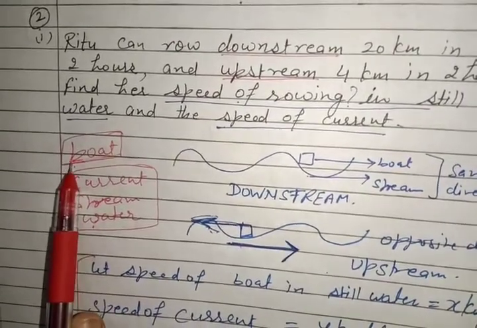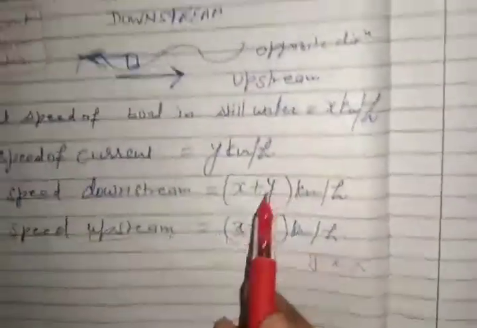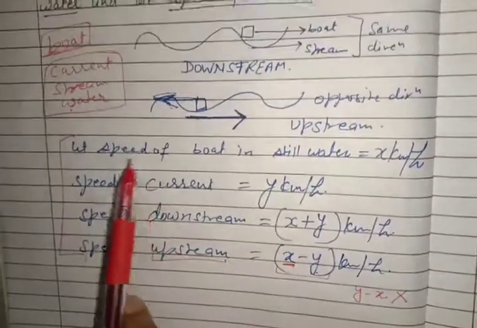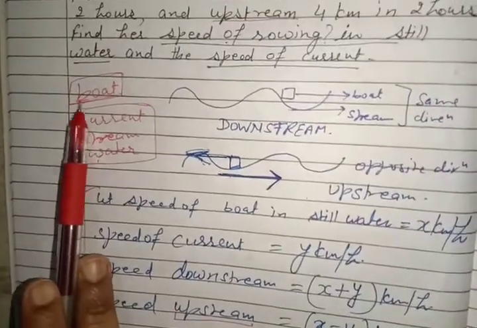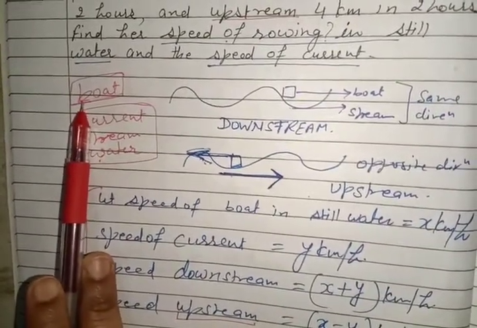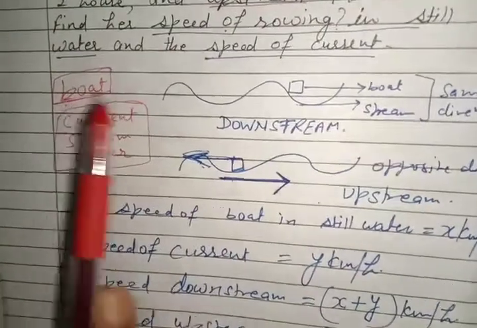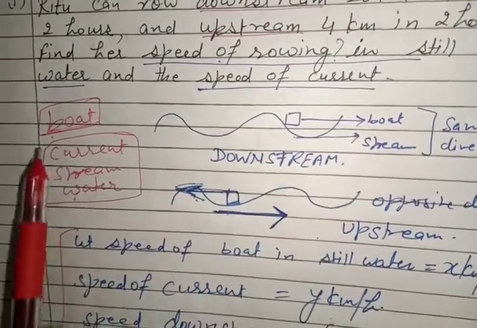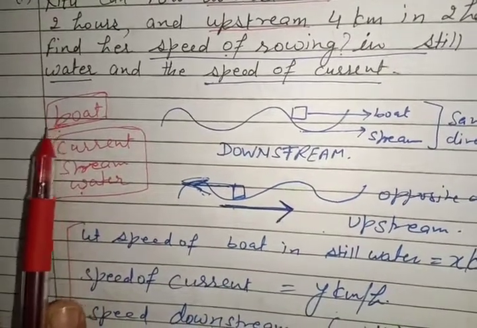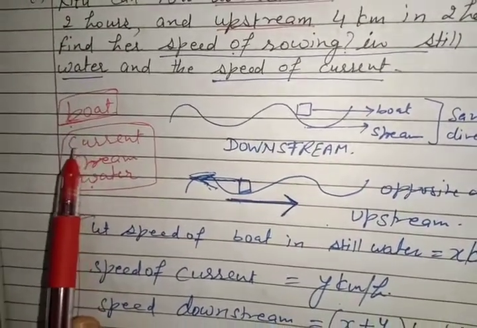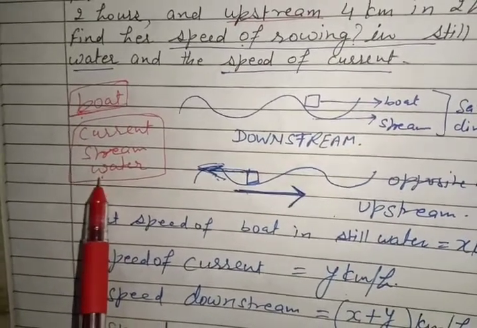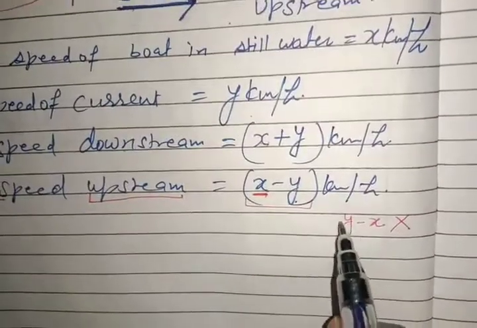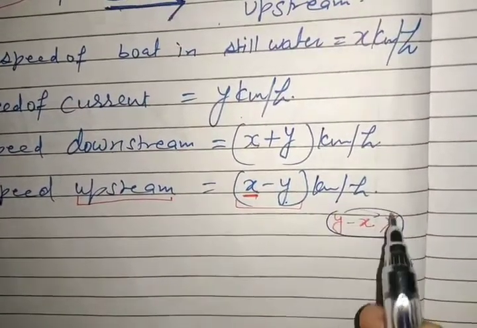In downstream it does not matter whether you write x plus y or y plus x, but in case of upstream you need to remember that the speed of boat will come first and then the speed of stream. In English alphabets, B comes first, and after that C, S, W. So you will never make a mistake. This is wrong if you take it the other way.